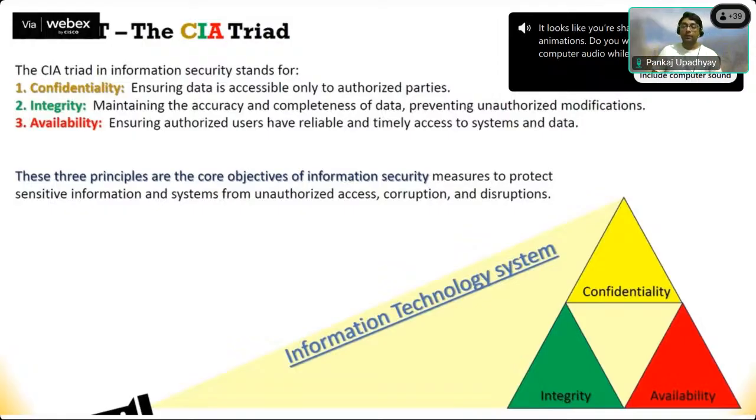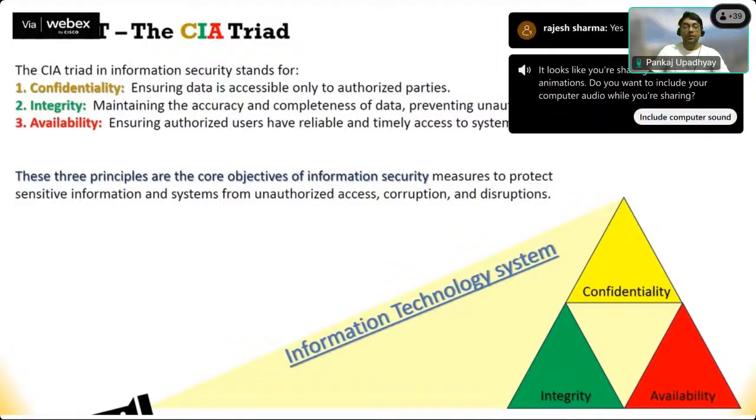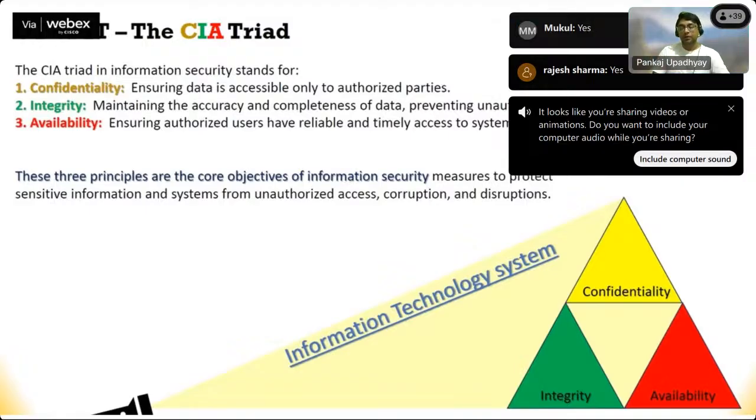Does anyone have an idea what exactly the difference is between this terminology, confidentiality, integrity, and availability? Mukul, Rajesh, can you please explain? You can just let me know your understanding of that in a few words.